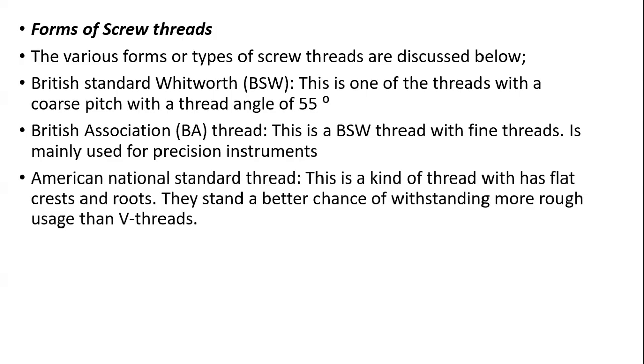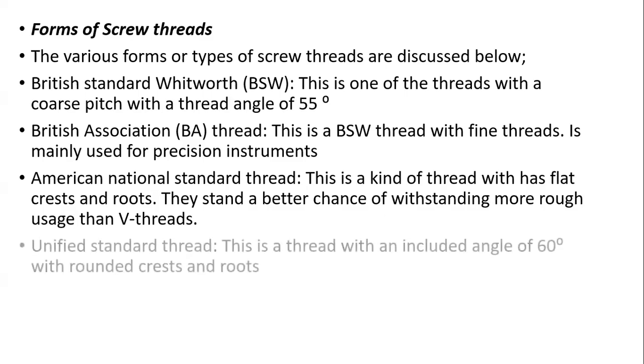Then the American National Standard thread. This one has flat crests and roots. But they have also been able to work better than the V threads because of their flat ends there. The U thread comes with an included angle of 60 degrees.